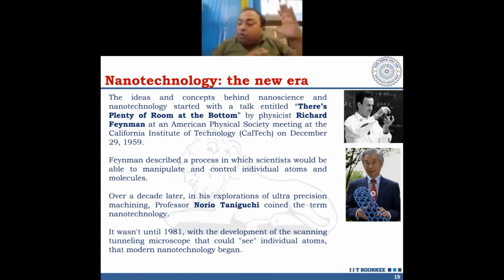So the conceptualization was there, and Norio Taniguchi coined the term, but still people were not able to realize it until the advent of higher resolution electron microscopes, which I am going to talk about, the scanning tunneling microscope and the atomic force microscope. They have pushed the world of the field which is now popular as nanotechnology.